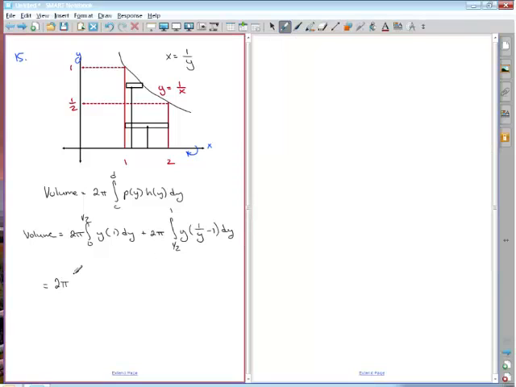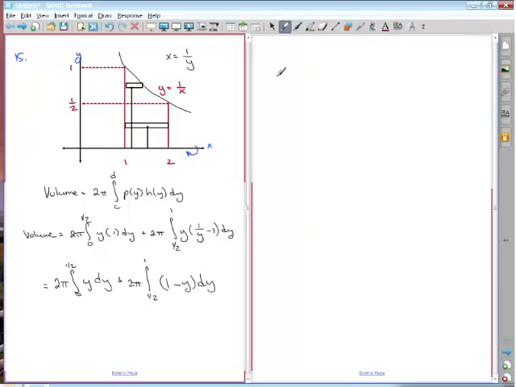2 pi, the integral from 0 to 1/2 of y dy, plus 2 pi, the integral from 1/2 to 1 of y times 1 over y, which is 1, and y times negative 1 is negative y. Okay, so now we integrate it.